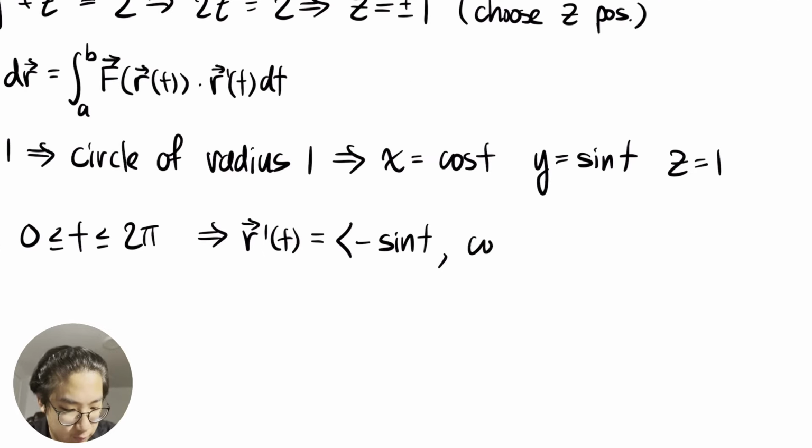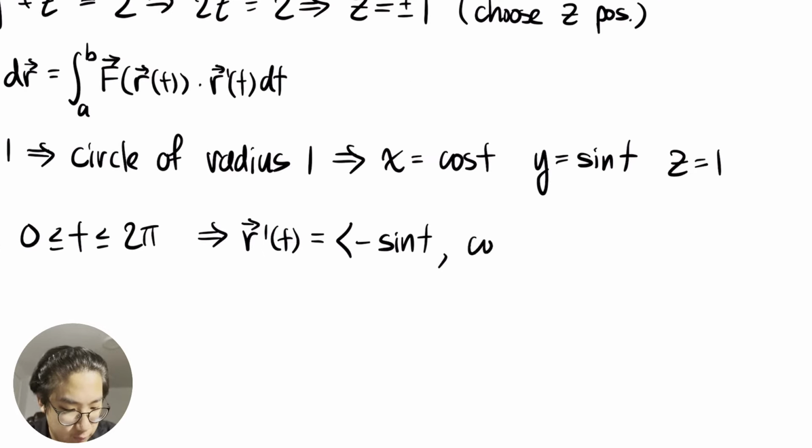Now we can put everything together. This is going from 0 to 2 pi. The portion inside, we just computed, so we have negative sine t cos t plus 1/3 cos to the 4th t, dt. I'll write them in brackets.